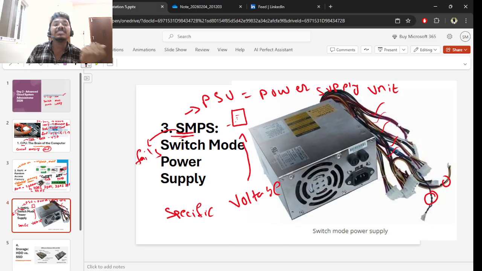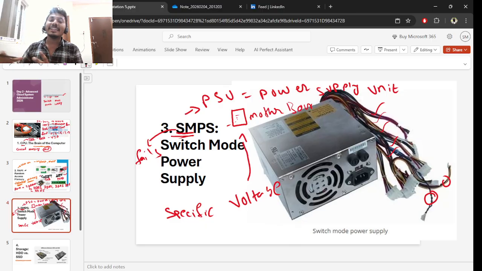Okay. Once again I am going to explain this. The SMPS is the component that provides power to the motherboard. And the main function of this, if you look at it, you see multiple wires in red, black, green, blue, small cables, big cables.